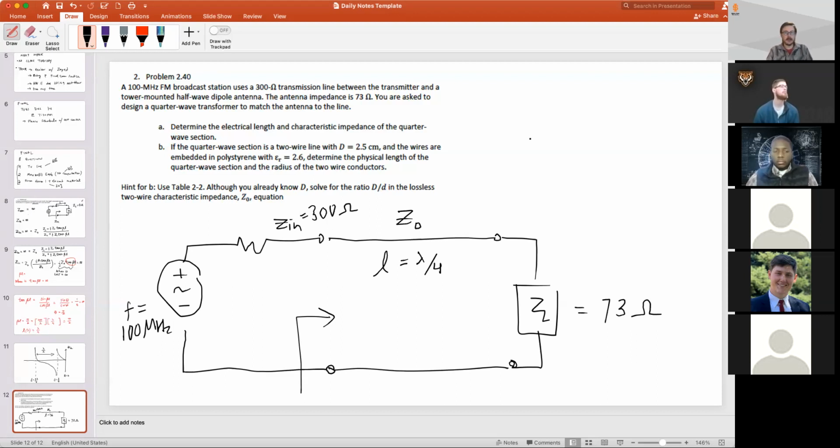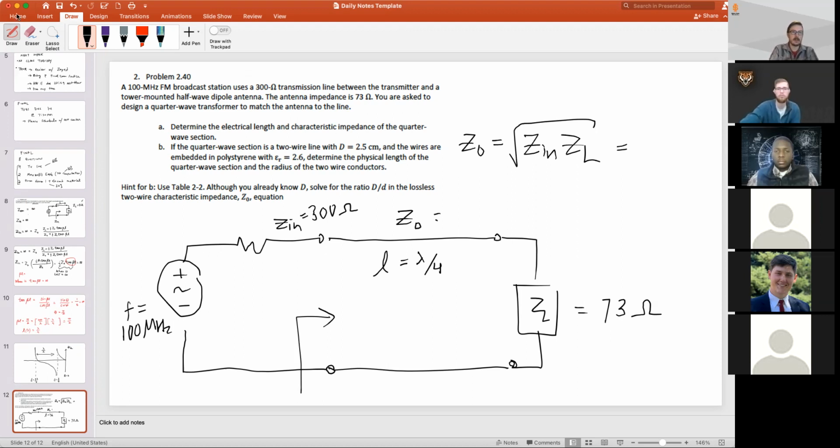If the length of this transmission line is a quarter wavelength, we can find a characteristic impedance like this that gives us a way to match the input impedance to the load impedance. So the first part of this question is asking to determine the electrical length and characteristic impedance of the quarter wave section.